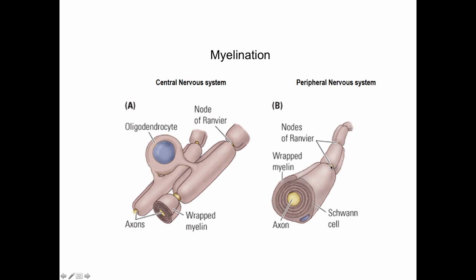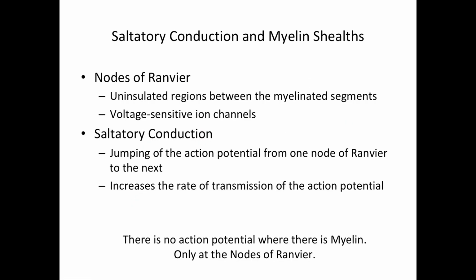And this is what we call saltatory conduction. Saltatory conduction greatly increases the speed with which an action potential can travel along the axon.